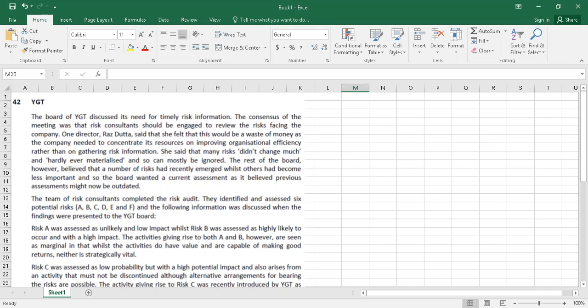So she feels that there is no need to review the risk, rather than on getting risk information. She said that many risks didn't change much and hardly ever materialized, and so can mostly be ignored.